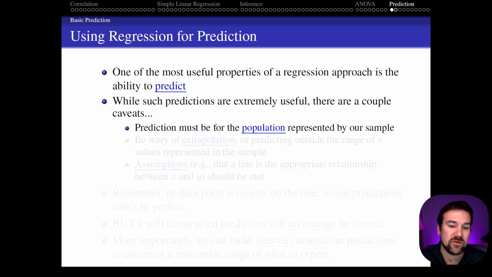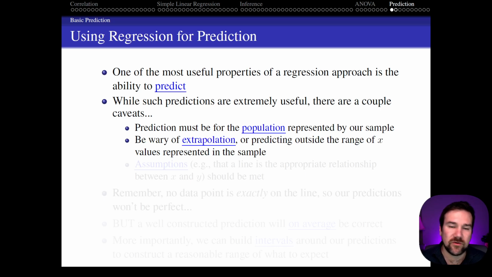First of all, prediction has to be for the people represented by our sample. So if I did a sample of a whole bunch of undergraduate students and I'm trying to predict something for working professionals, then that might not work very well. Also, and we've discussed this before, you should be wary of extrapolation, or predicting outside of the range of the data.